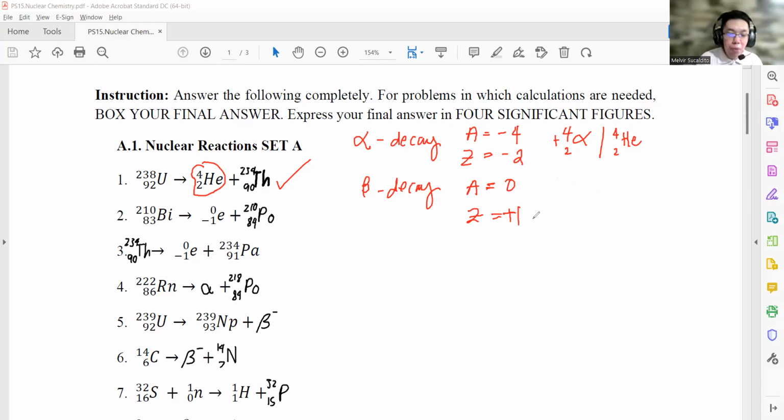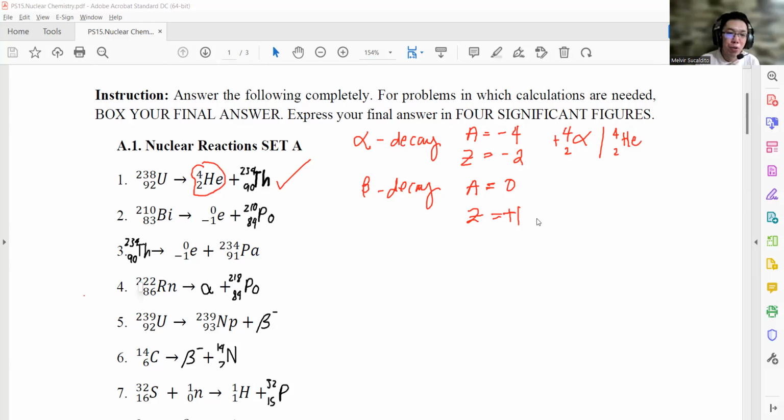Yeah, I think if you will recall, pag nag-undergo ka ng beta decay, ano ang na-produce mo aside from the beta particle? Electron anti-neutrino. So if it's an electron anti-neutrino, merong mass yun kasi anti-neutrino siya.